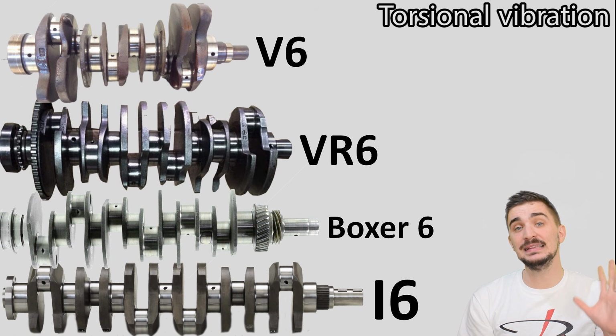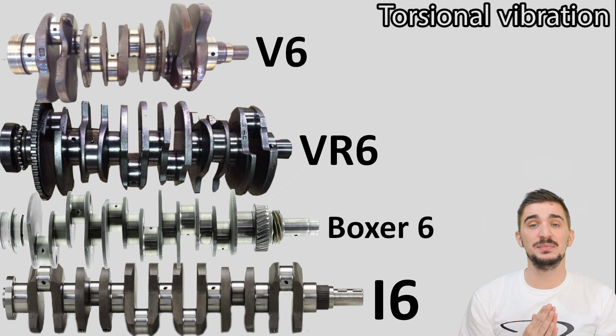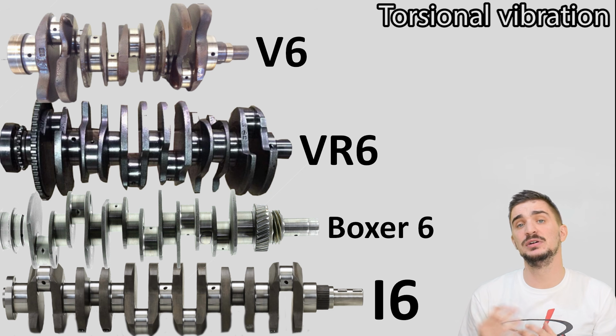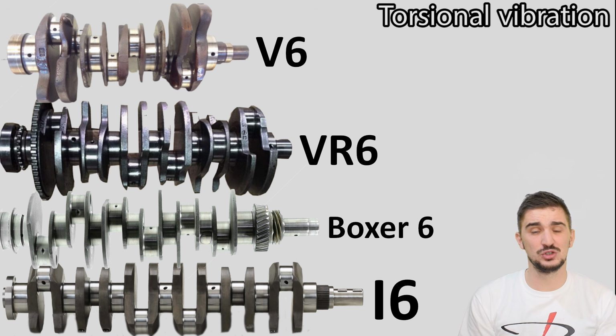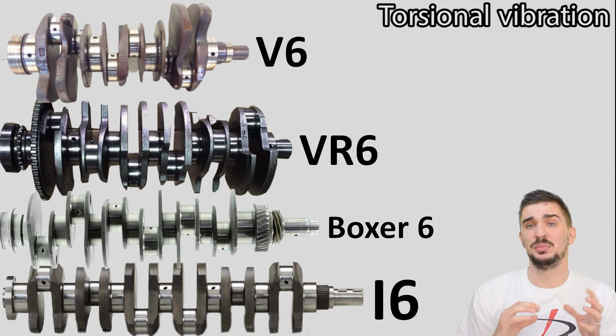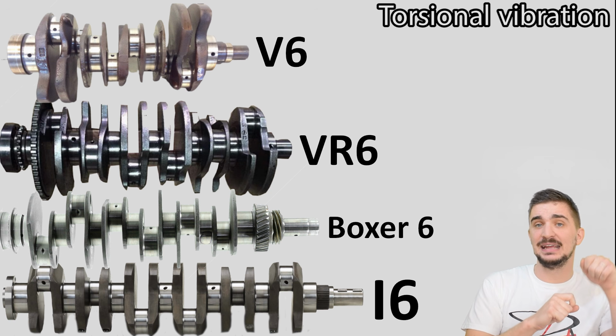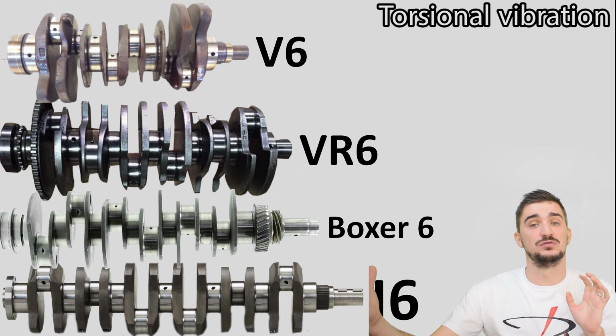This is something where the inline 6 seems a bit of a loser because it does have the longest crankshaft, which means that it is susceptible to the most torsional vibration. Torsional vibration occurs when you apply a load to a shaft at a distance from some sort of resistive load.